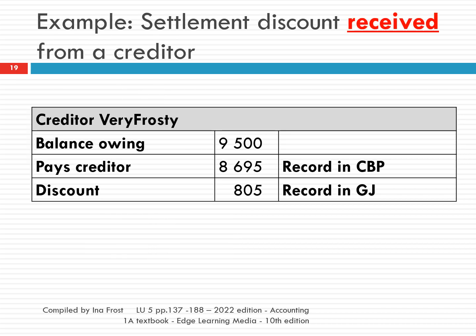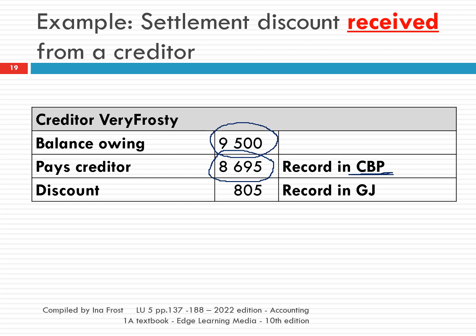Then, as I said earlier, it's also possible that our creditors will offer us discounts if we settle our accounts with them early. So in this particular example, we owed our creditor 9,500 rands. We pay them 8,695 rands, and that cash payment we will record in the cash book payments.